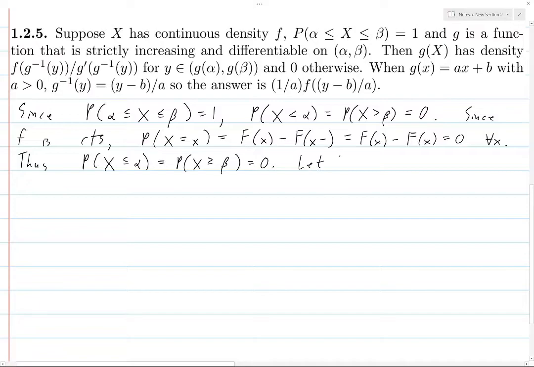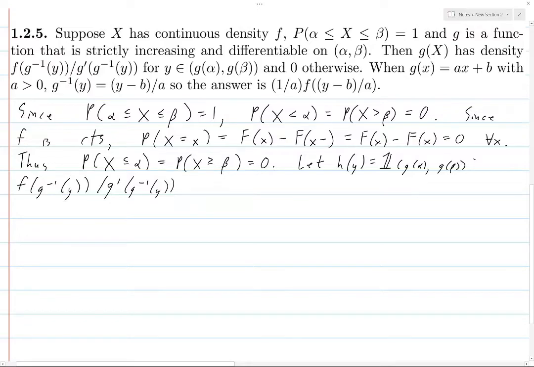So let h of y be the indicator function on the interval g of alpha, g of beta, times f of g inverse of y over g prime of g inverse of y.